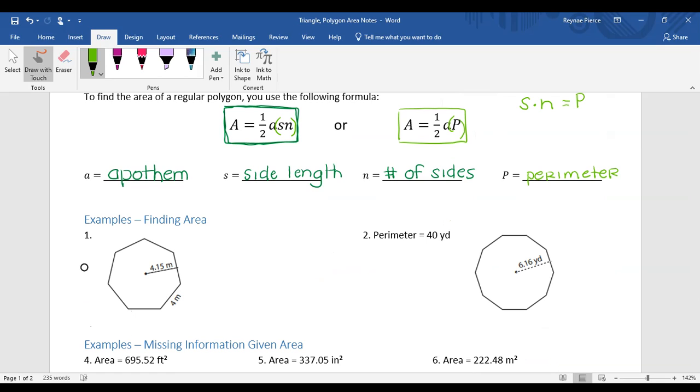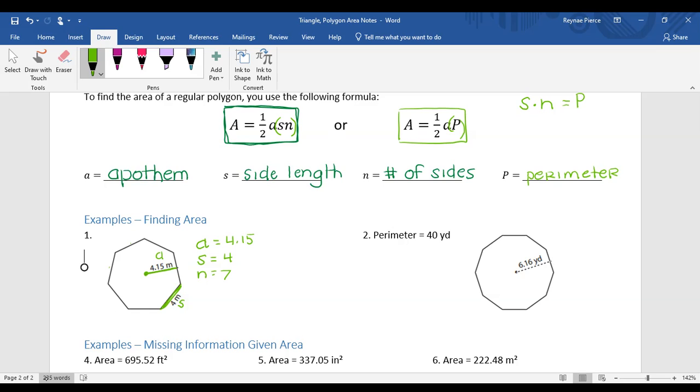All right, so these examples here. What I like doing is defining my variables first. In this picture, my apothem from the center to the middle of one side is 4.15. My side length is 4. Then I'm just going to count the number of sides. I've got 1, 2, 3, 4, 5, 6, 7 sides.